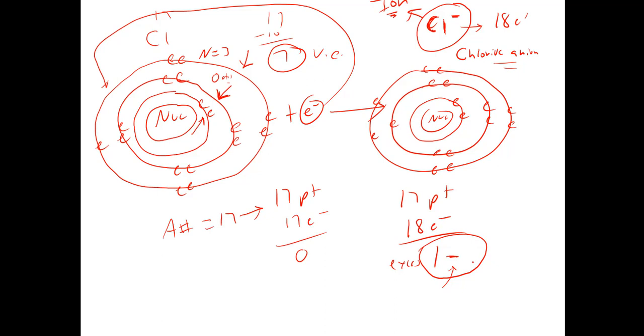It's not -1, that's like math, it's 1 minus. So 1 electron or a negative charge because of the electron. Now, atoms love forming ions if it results in completing the octet or the duet rule.